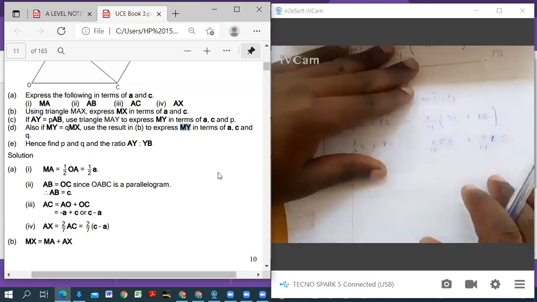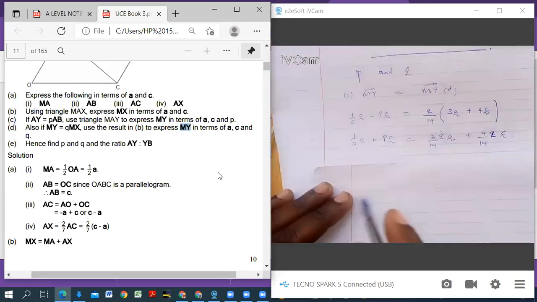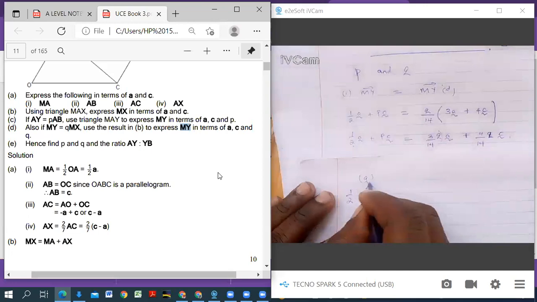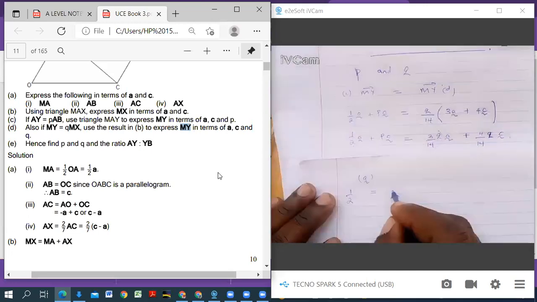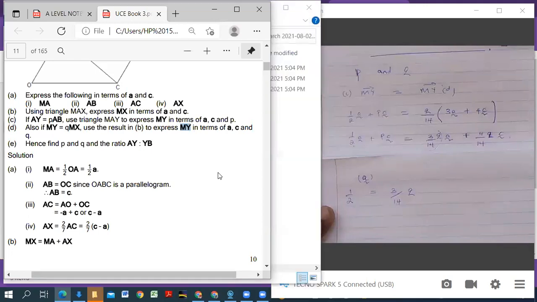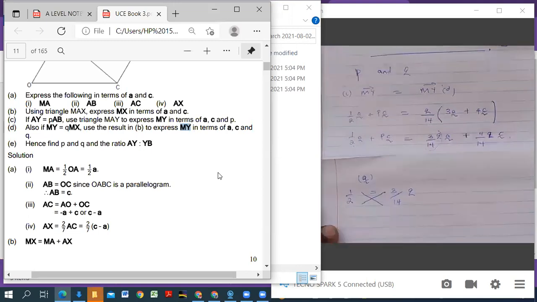From there, we can compare and say that for A, a half is equal to 3 over 14 Q. When we compare the numbers next to the vector A, half of this side is equal to 3 over 14 Q, and then we can find Q. If we cross multiply, we shall have 1 times 14 is equal to 2 times 3Q.